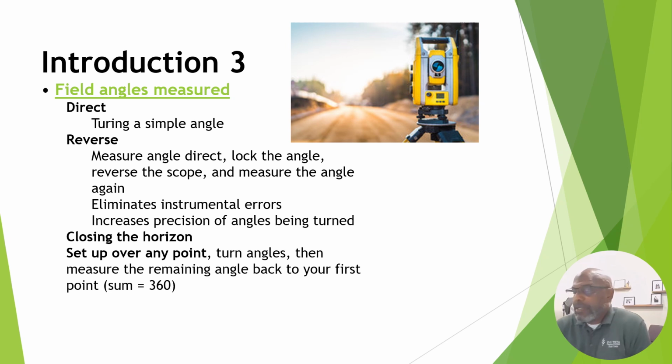If they do not close within acceptable amounts, the angles are discarded and turned again until the results meet the required standard. In other words, we start at one point, take these measurements, and then verify them. If they add up to 360 degrees or something extremely close to that, then we can say that it is accurate. There are no major errors.